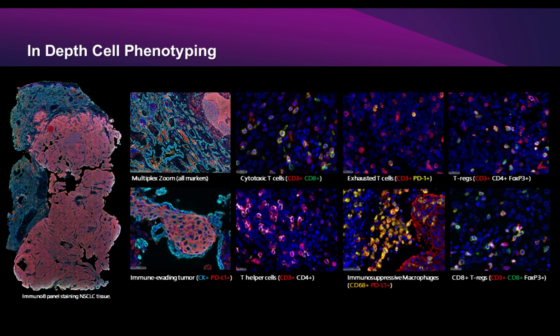General storage is usually 4 degrees in the dark, but I can say from my own experience, I've had slides in my own bag for things like demos for well over 6 months just in the dark, and they still perform just fine with very minimal changes in exposure time.